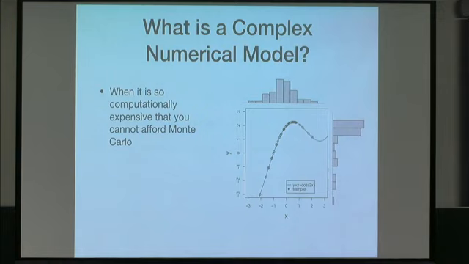So this program talks about complex numerical models. And what's my definition of a complex numerical model? Well, in this context, I would say it's one that's so computationally expensive you can't afford to solve these problems by Monte Carlo methods. By Monte Carlo methods, I mean that you sample from some input x here, and you put it through my very complicated model here, y equals x plus cos 2x.